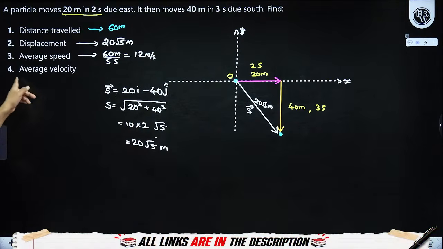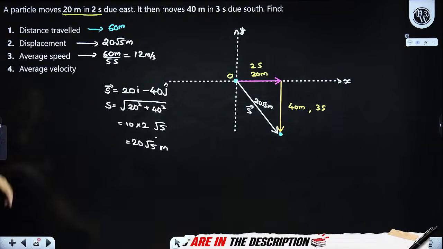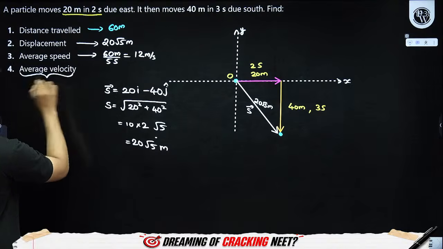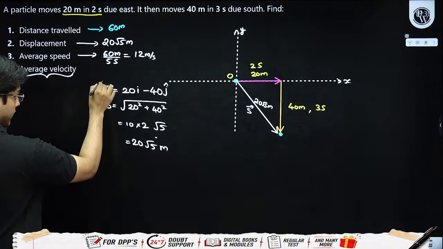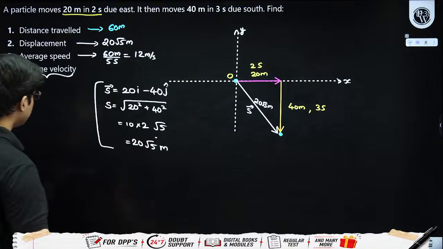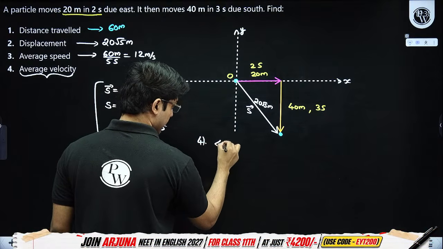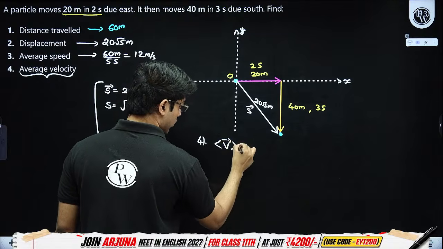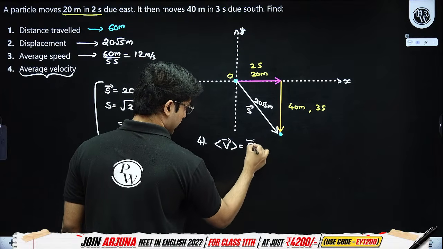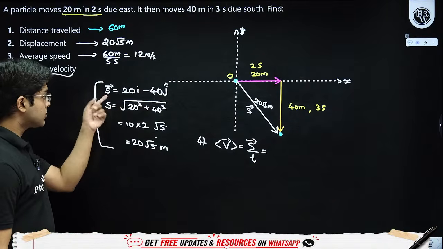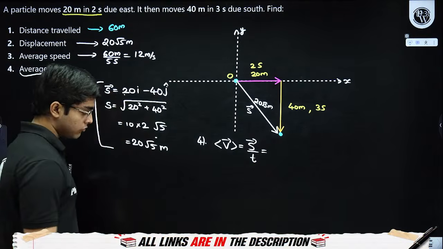12 meters per second is the average speed. Now for average velocity, guys, you need to pay attention to the fact that it is a velocity, it's a vector, right? So average velocity vector is equal to displacement vector divided by time in the full journey. Displacement vector is 20i minus 40j.